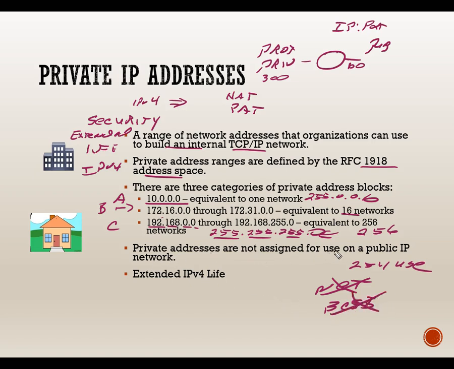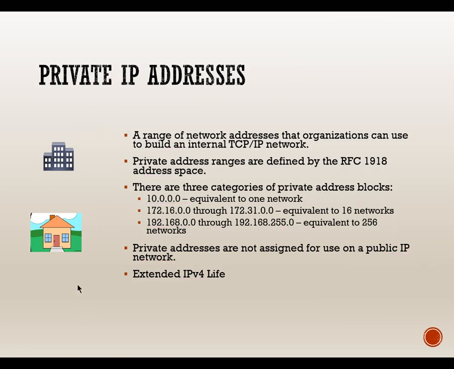So not assigned for use on the public IP network. You should never see these on the public network, and they've extended the IPv4 life expectancy. We also get some security because we can have on our private network an addressing scheme that's not publicly available. So we get both security and life extension of IPv4, which may or may not be a good thing.